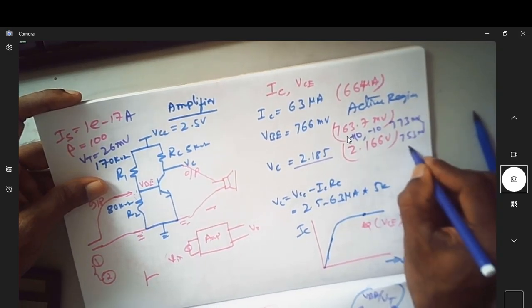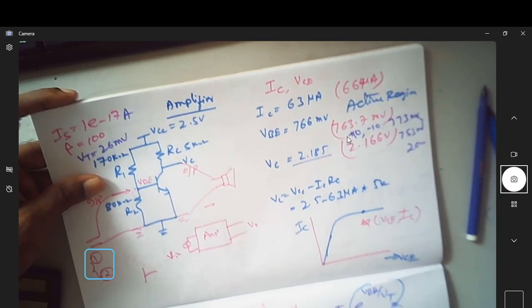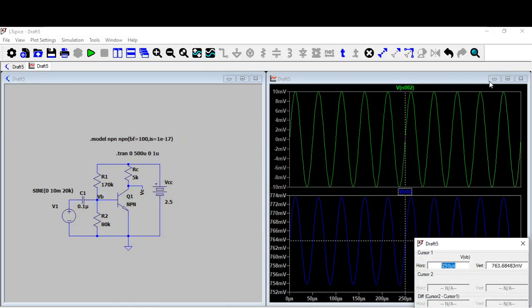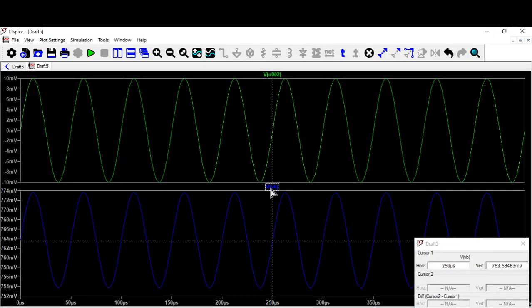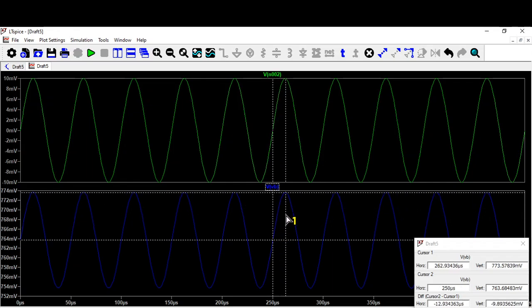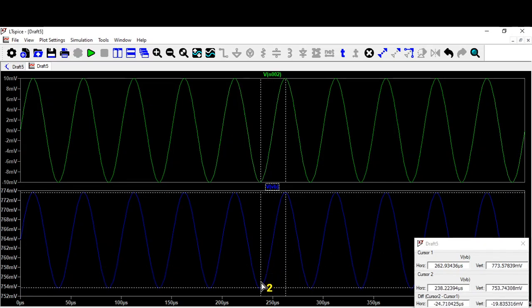Again the peak to peak is 20 millivolt. See here, this is your base voltage. This is the peak, can you see it is 773? This is the least value, can you see it is 753? So this is the peak to peak of your input voltage at the base, before the capacitor.